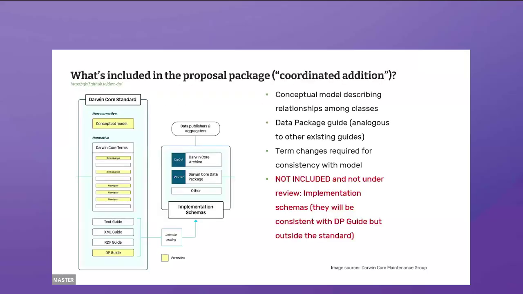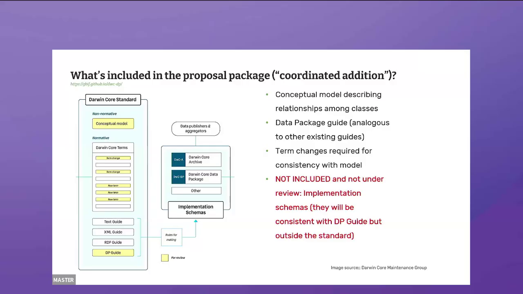In the case of the Darwin Core Data Packages proposal, there are two documents that describe structure on top of the basic term layer. The conceptual model document describes in human terms the relationships among classes in Darwin Core. The Data Package Guide specifies a mechanism based on frictionless data packages for documenting the fields in data tables and how those tables are related to each other.